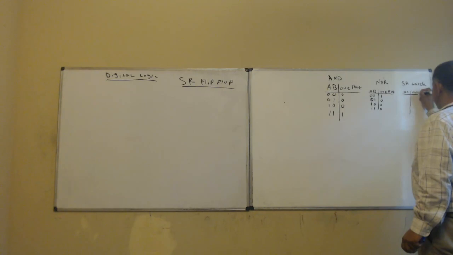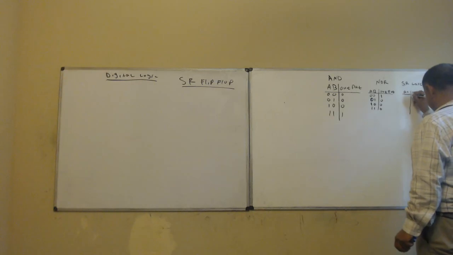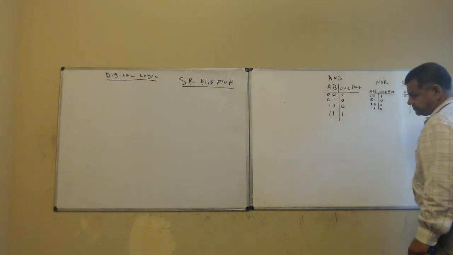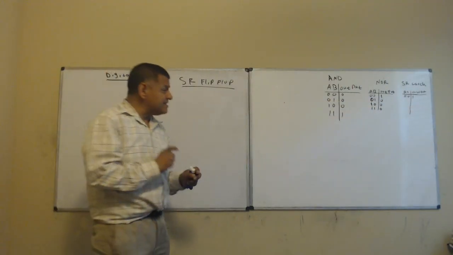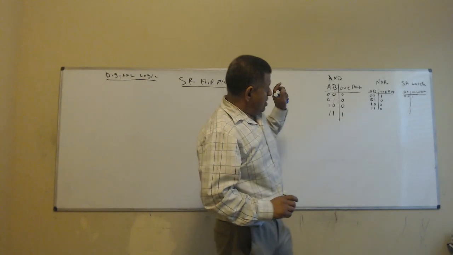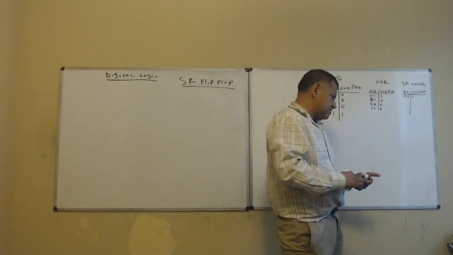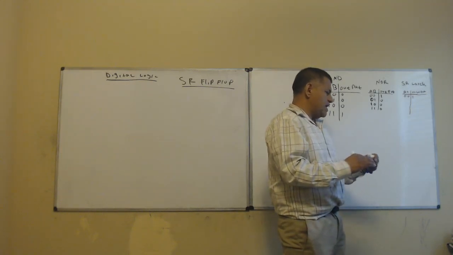In order for the SR Latch to be true, the only way this makes sense is if this one is equal to 1. However, the SR Latch depends on the previous inputs.